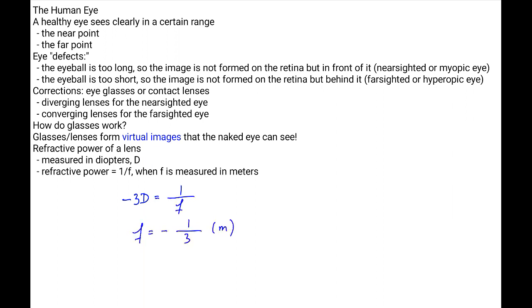So since you get a negative number here, a negative number for a focal length means that you are wearing diverging lenses, so you are nearsighted or myopic, and then the 1/3 is how curved your contacts or glasses are. So -3 diopters tells you negative that you have diverging lenses, and the 3 diopters tells you how curved your lenses are. If your prescription is positive, that means you're wearing converging lenses, and those correct for farsightedness.